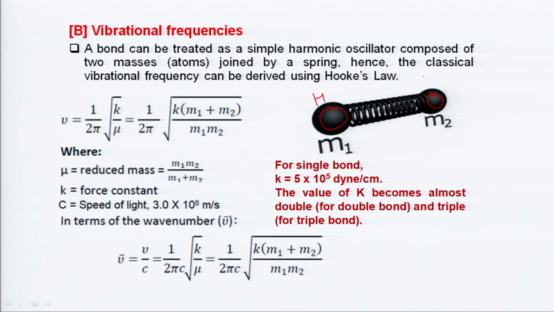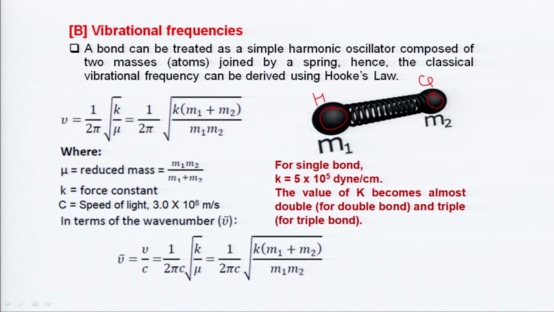So, this is H, this may be Cl or any other atom, and this bond is actually a spring. If we assume this as a spring, then the classical vibrational frequency can be derived using Hooke's law. You have studied in physics that the vibrational frequency of a spring can be derived, and its formula is nu equals 1 by 2 pi times the square root of k by mu.